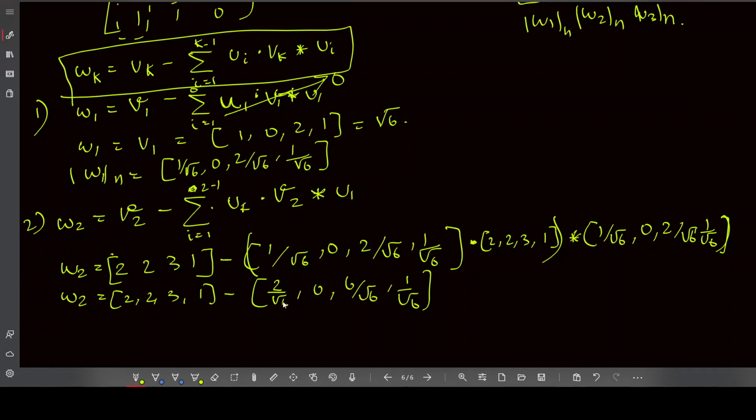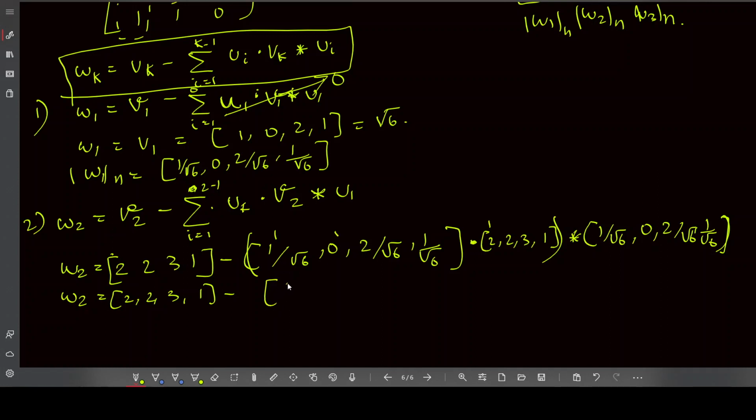So now when I square it and I add it, what do I get? Oh wait, sorry, I made a small mistake. This won't be a vector, it's a dot product. So basically I have to multiply the dimensions and I add them. I multiply the first dimension with the first one, this with this.